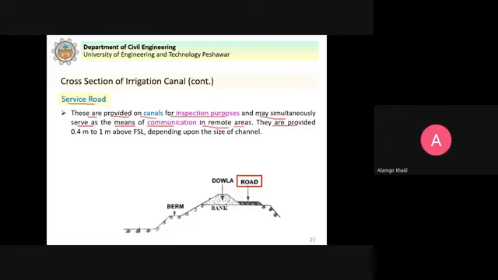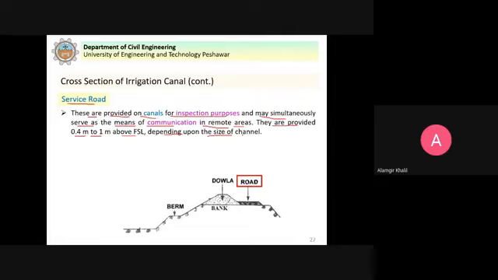They are provided 0.4 meter to 1 meter above the full supply level depending upon the size of channel.